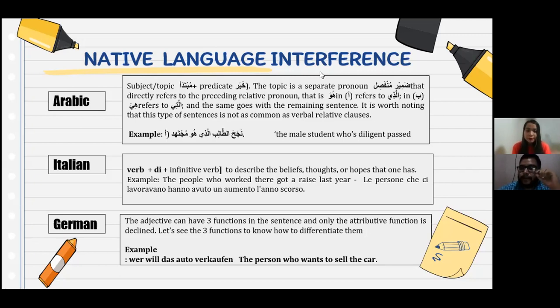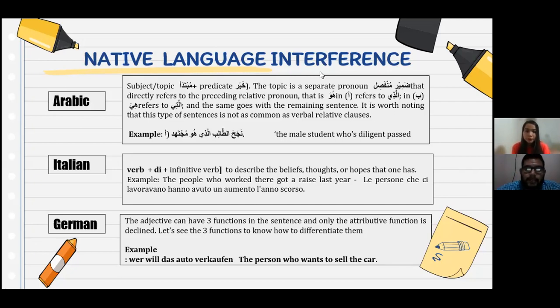There are some structure changes when you talk about Arabic. First, in English, as you know, it's the subject first. In Arabic, no, it changes this. You have to put the noun first in this case, and then the subject.